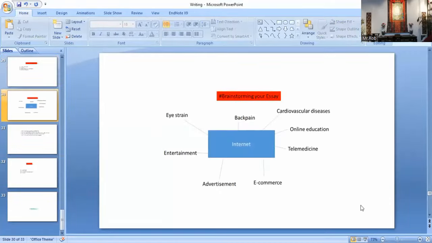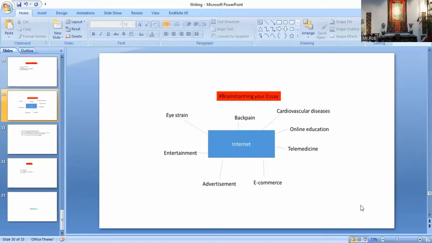Now, finally, moving to this point, about brainstorming your essay. Brainstorming is an important technique that is used in writing the body paragraphs in the Task 2 essay. The brainstorming technique is also used equally in the speaking section of an IELTS exam.